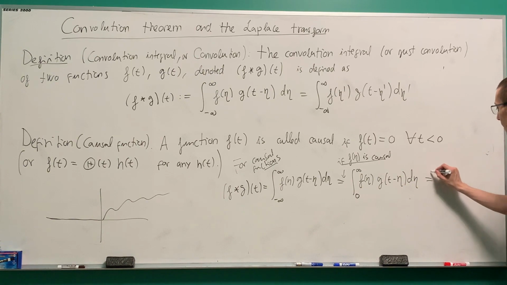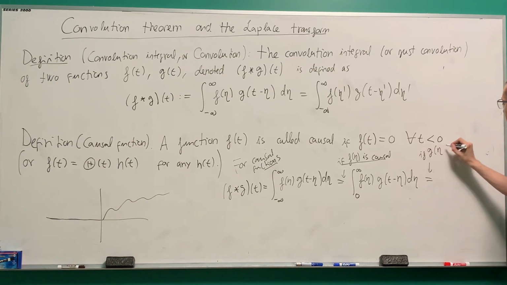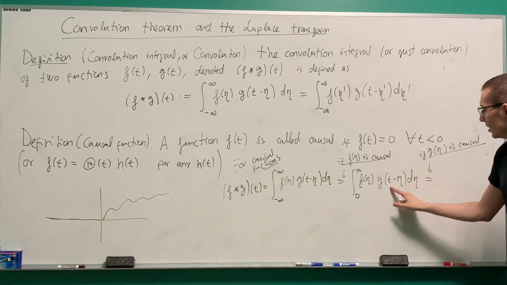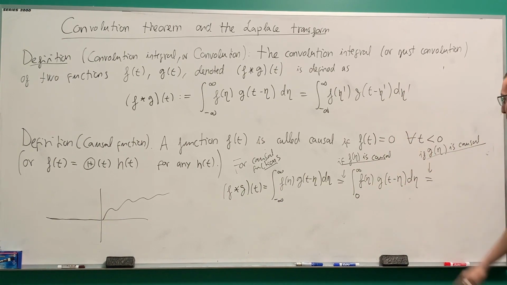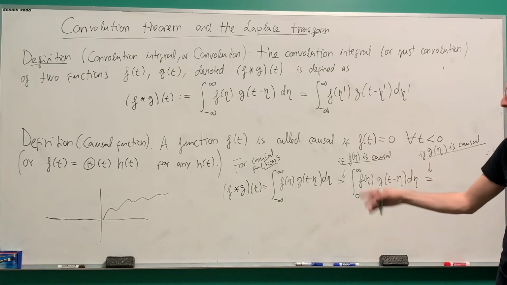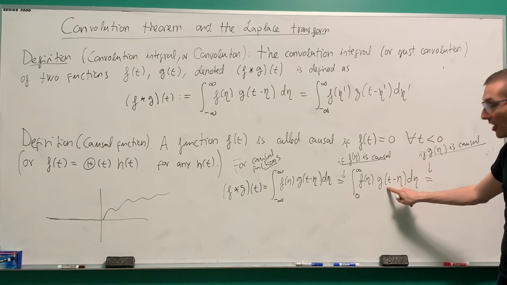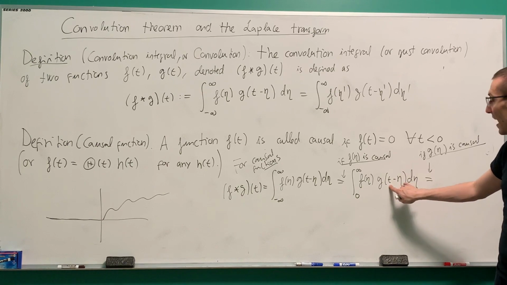But if g is causal as well, when eta is too large, it will be 0. So going to infinity is too much. When eta overcomes t, it will be 0. So in fact, it will only be non-zero when the argument is positive, and the argument is positive only until eta is larger than t.